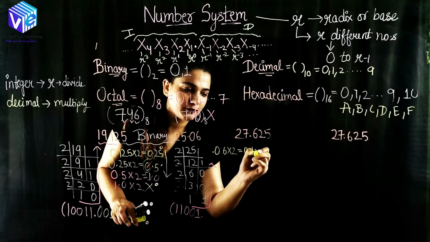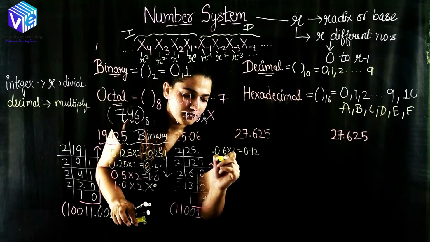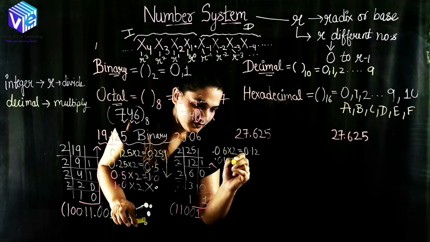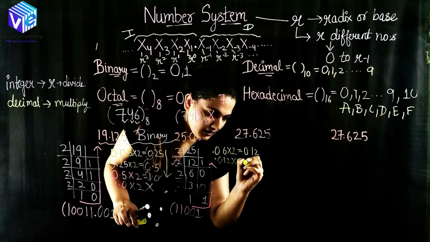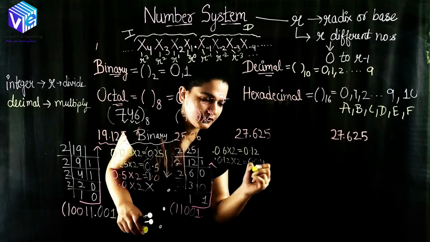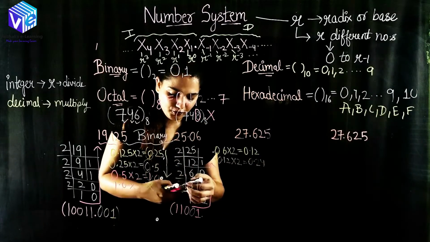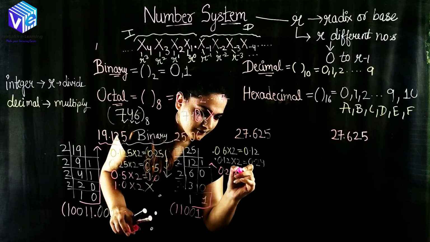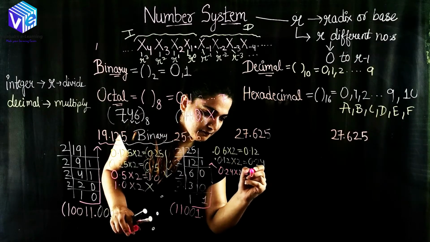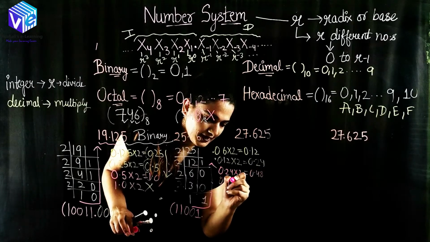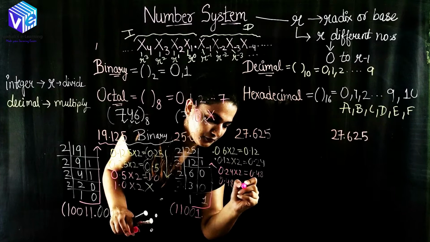I'll be getting 0.12. Now 0.12 multiplied with 2. I will be getting 0.24. Now 0.24 will multiply it with 2. I will be getting 0.48. 0.48 will be multiplied by 2.